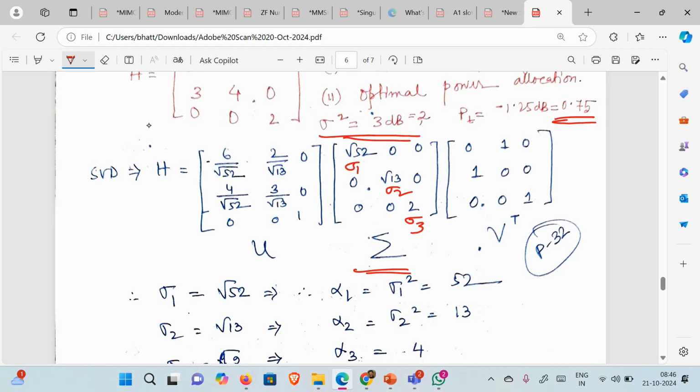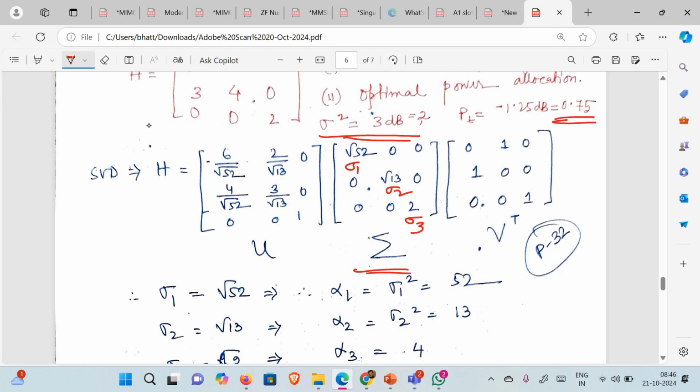Am I not right? In this overall U sigma V transpose, it can only be an unfortunate scenario, which is not going to come ever, that you have to calculate the SVD as well as do the MIMO capacity and optimal power calculation. It won't come. Okay, so it is expected to be a little bit clever here.